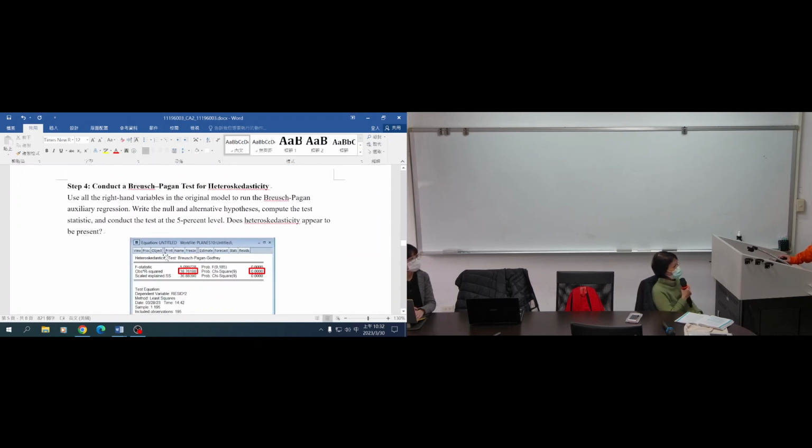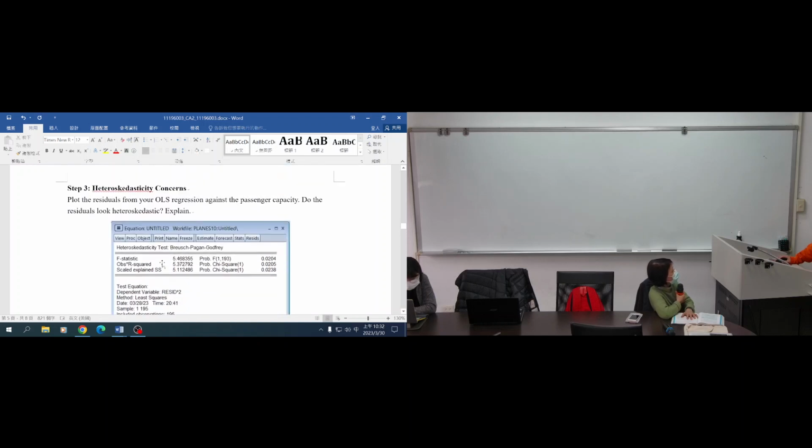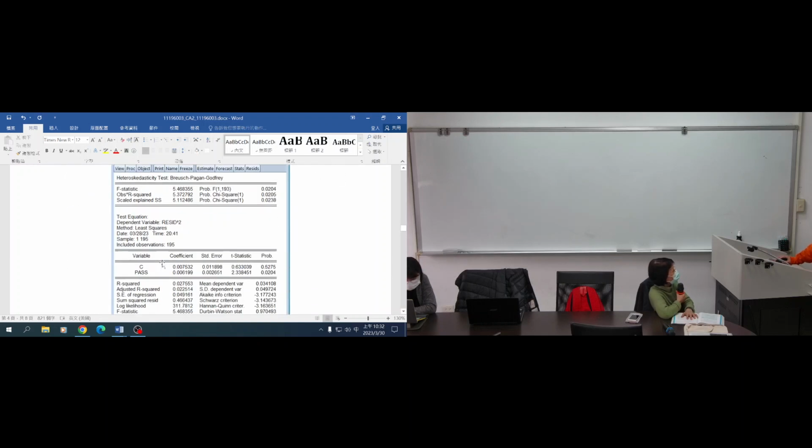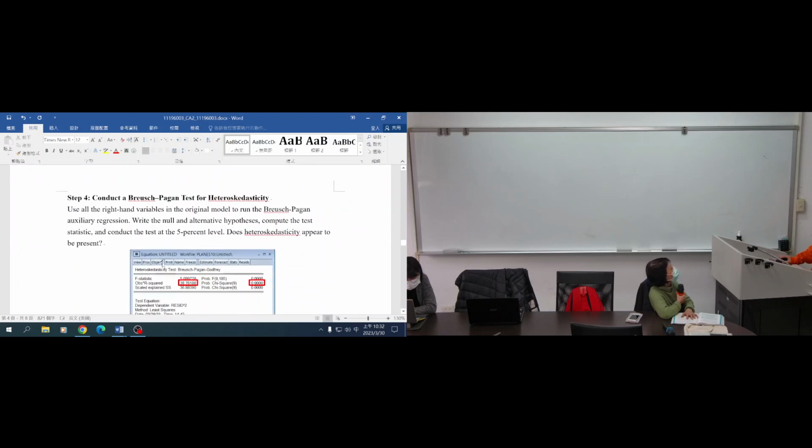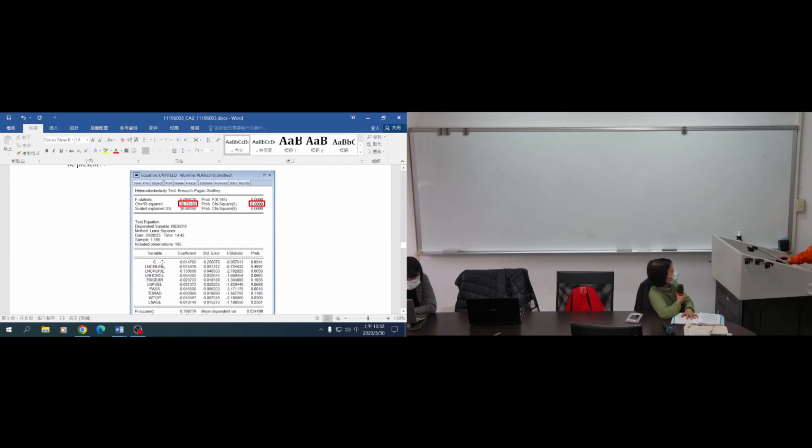Okay, and then step 4: use all the right-hand variables to run the BP test at the 5% level. Step 3 is just looking at a graph, and step 4 is looking at the data instead of just doing the BP test according to the problems, but since you did it, that's fine too.